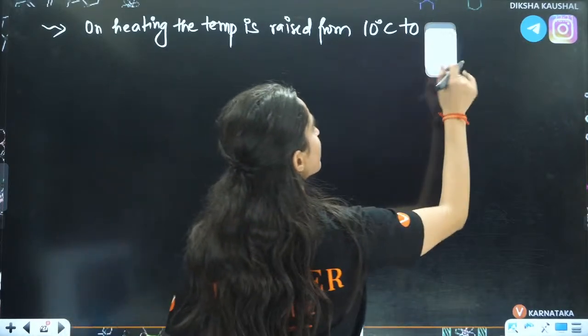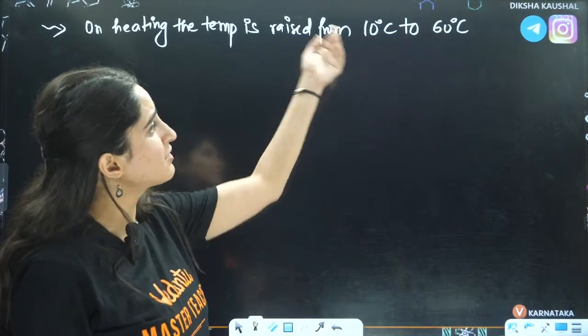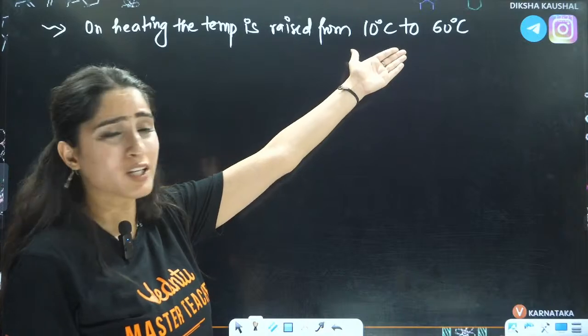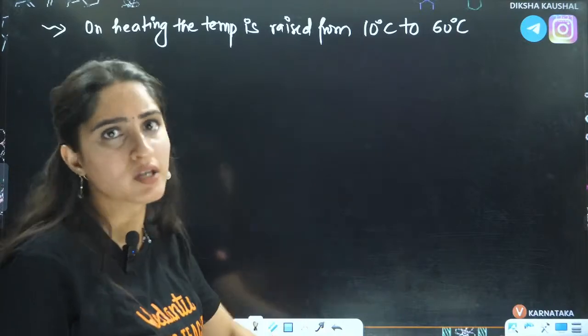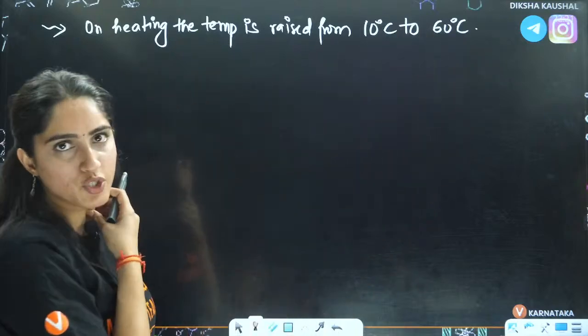You can convert it into Kelvin: 283 Kelvin to 273 plus 60. They can give you even in Kelvin, right? So this is 10 degrees to 60, I am assuming they have given you.